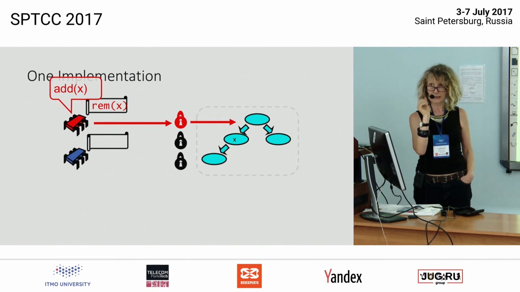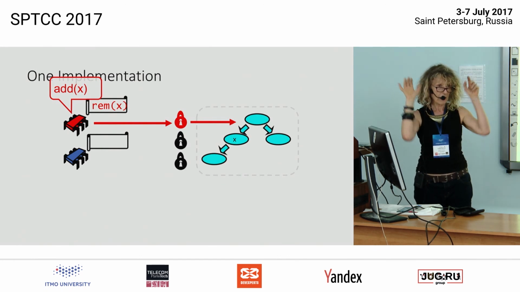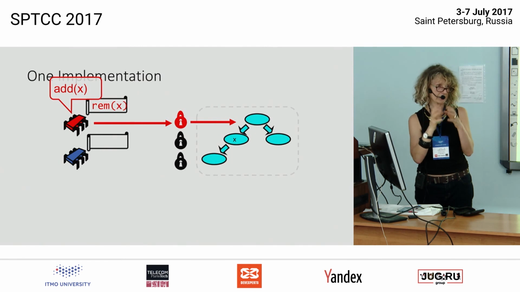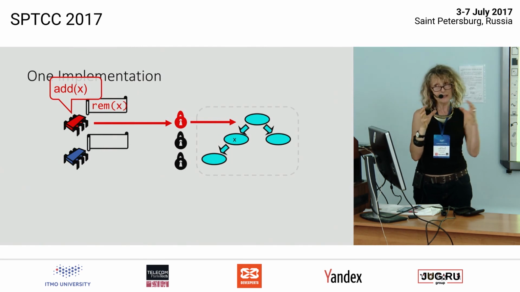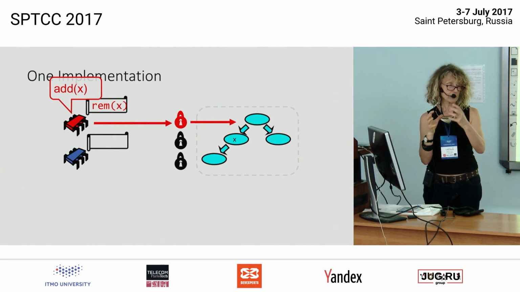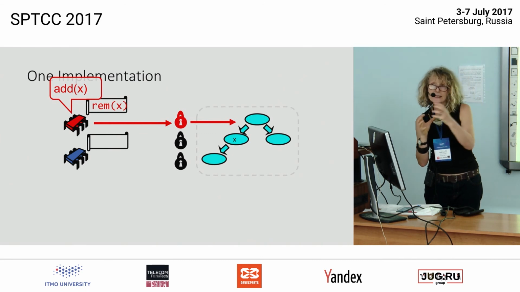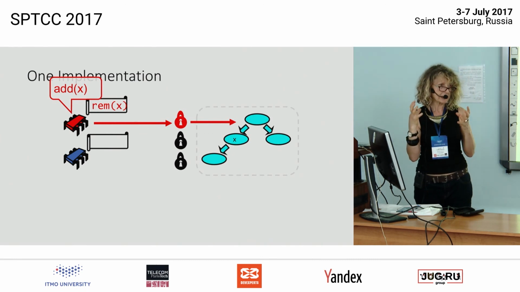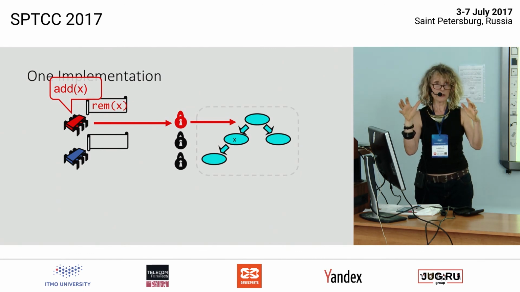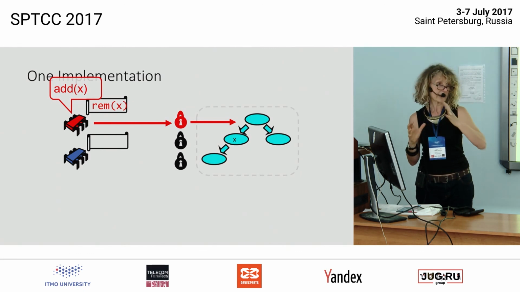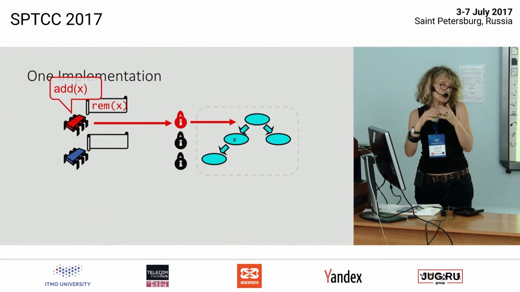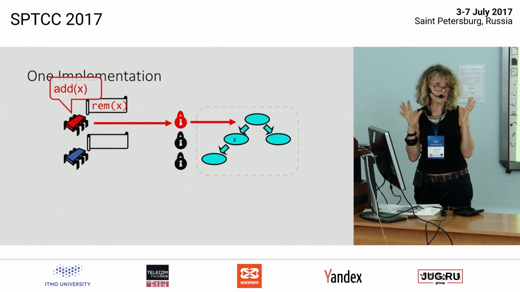The lock is on abstract X, so that if another thread comes and wants to either add an X or remove an X, it will have to be blocked. But if another thread comes and wants to add a Y, it's going to use a different lock. They will not conflict.